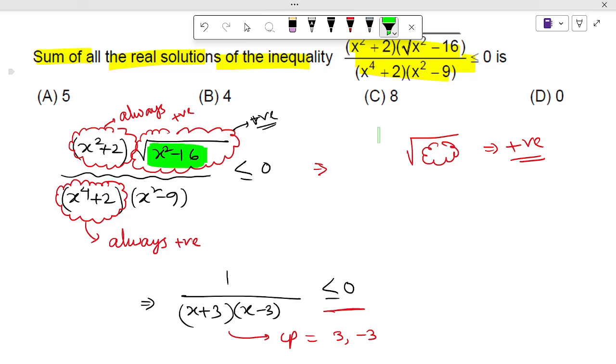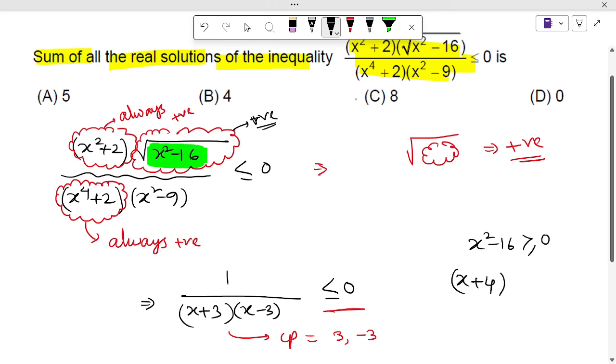If there is any expression inside the square root, then that expression should be positive or zero. So x square minus 16 should be greater than or equal to 0. Yes. So (x plus 4)(x minus 4) greater than or equal to 0.